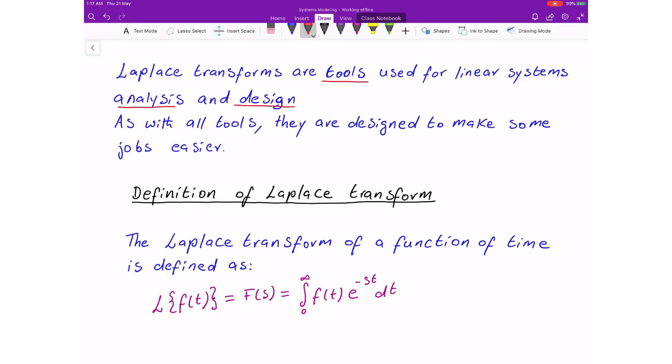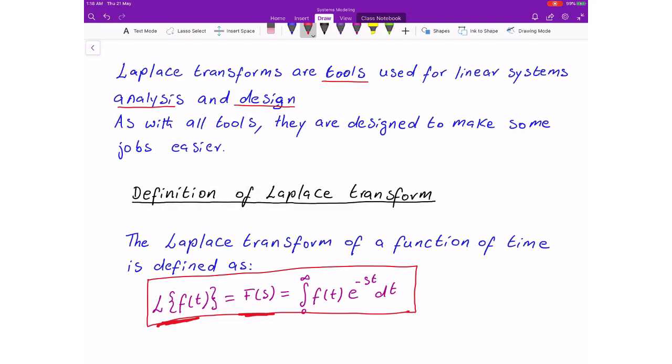So by definition, we have this lovely equation that defines what the Laplace transform is. All it's saying is you take a function of time and you convert this function into another function of s, which is the s domain. The way we do that, we integrate between 0 to infinity.